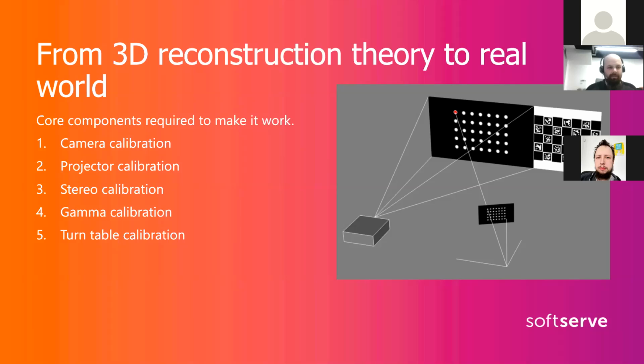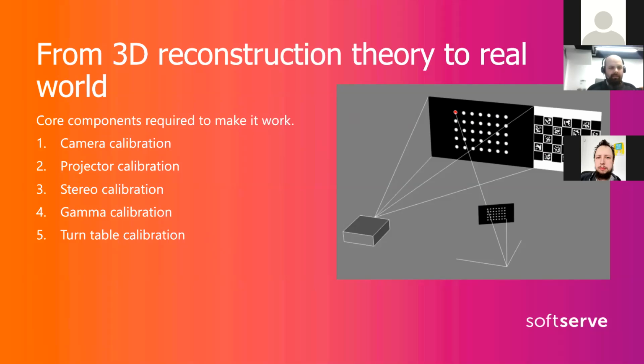So basically, the first steps are to calibrate the camera and projector, to make a stereo calibration for the camera-projector pair, to have rotation and translation parameters for the actual point cloud generation, and we also need the gamma calibration.